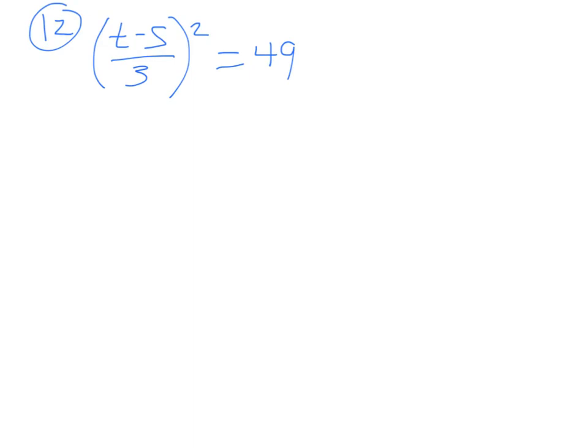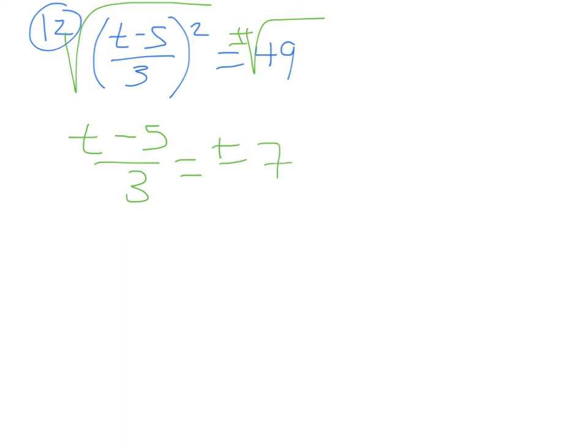So my last problem is a little bit interesting because of the fraction. There are several ways to do this, but by far the easiest way is to get rid of that squared first. You get rid of something squared by doing the square root of both sides. So now on the left-hand side, I have t minus 5 over 3 equals plus or minus 7.